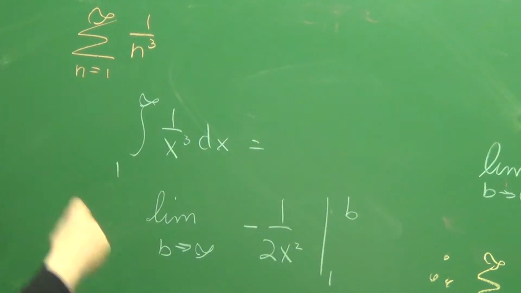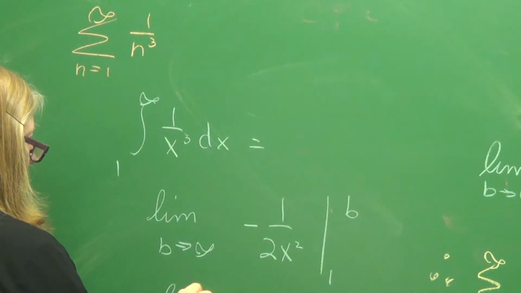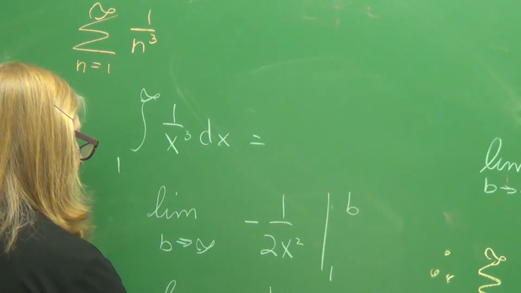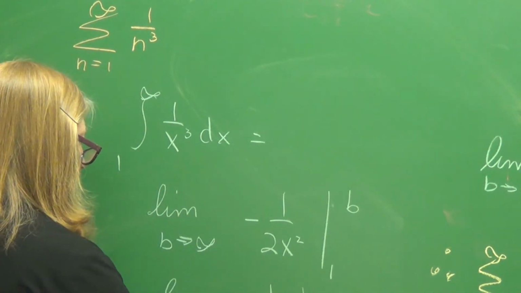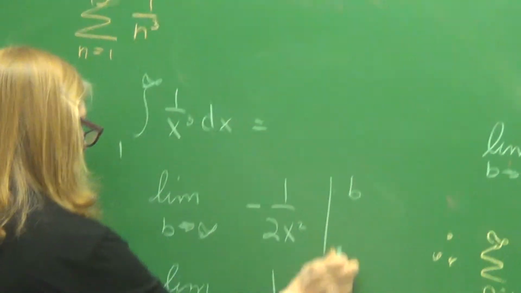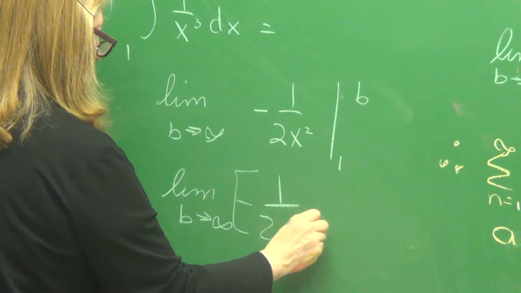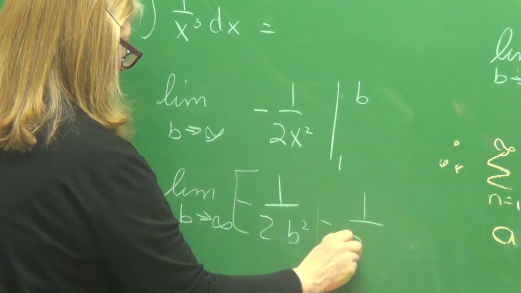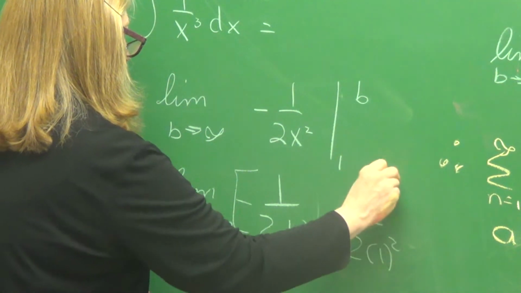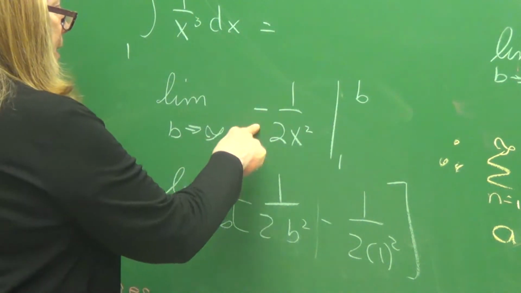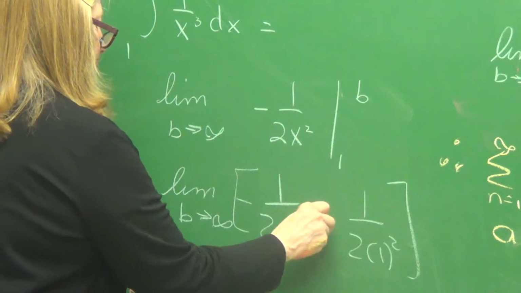So we end up taking the limit. What happens this time as we go out to infinity? We get a b squared in the denominator, and a 1 squared in the denominator. Shouldn't the second one be negative? Yes, you're right.